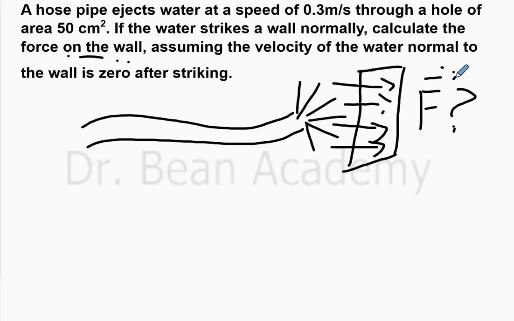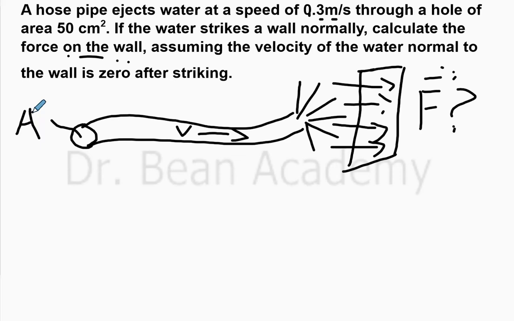and we are given the velocity v of the water with which it is flowing through the pipe, which is 0.3 meter per second. We also know the area A of the hole, because a hose pipe is circular, and it is given as 50 centimeter squared.